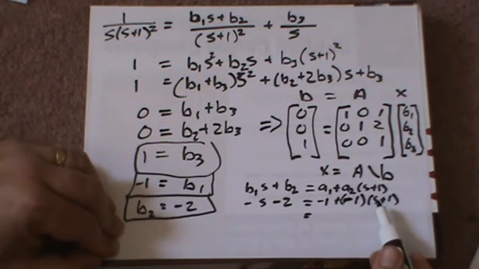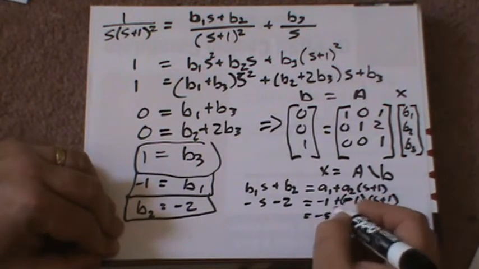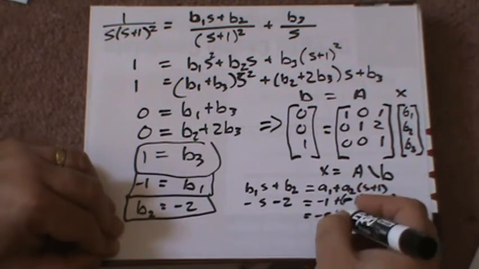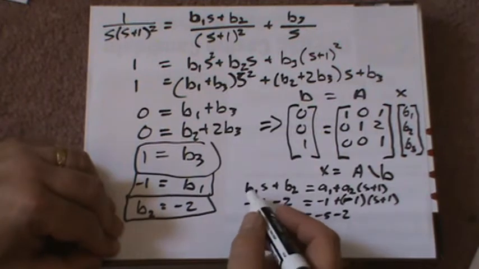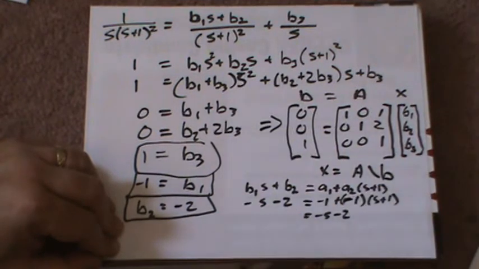And -1 times s plus 1 gives me minus s minus 1 minus another 1, so minus s minus 2. So you get the exact same values. And as a matter of fact, you could use this top equation to convert between them. You'll in particular notice that my a2 over here corresponds to b1.